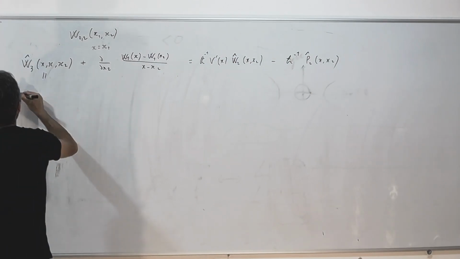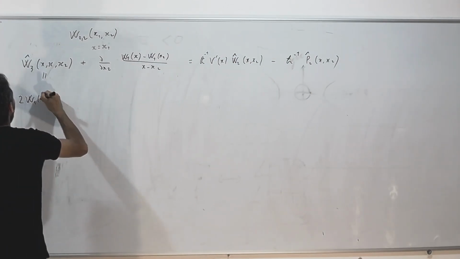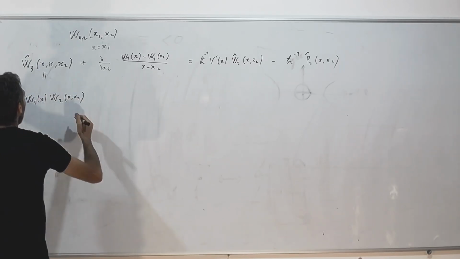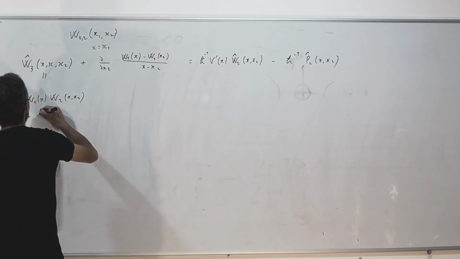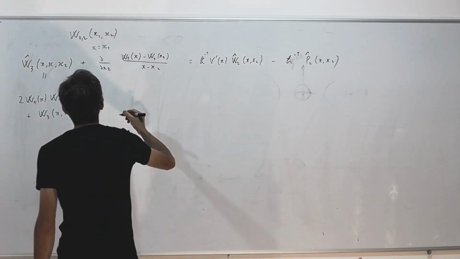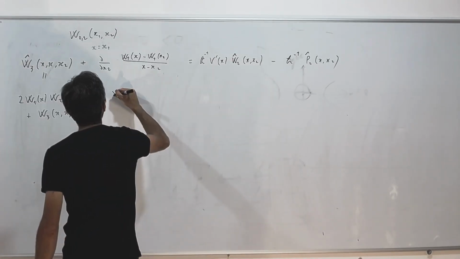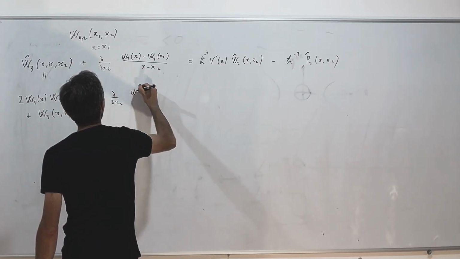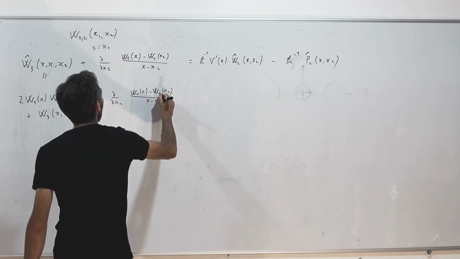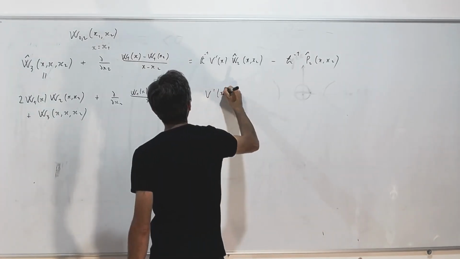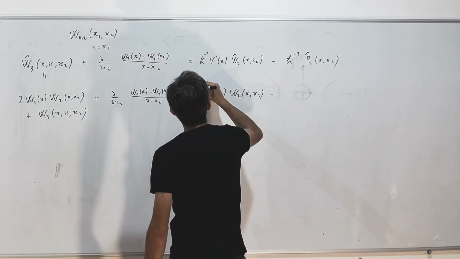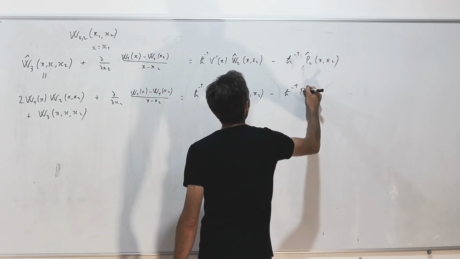You get that 2 W1 of x, W2 of x x2 plus W3 of x x2 plus d over dx2 W1 of x minus W1 of x2 over x minus x2 equals V prime of x W2 of x x2 minus h bar minus 1 p2 of x x2.